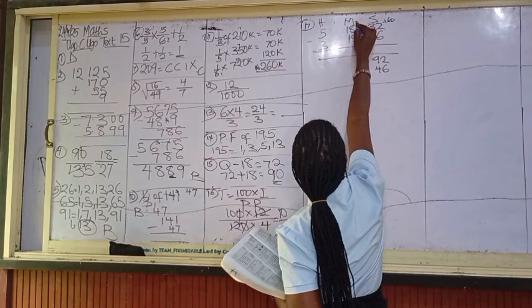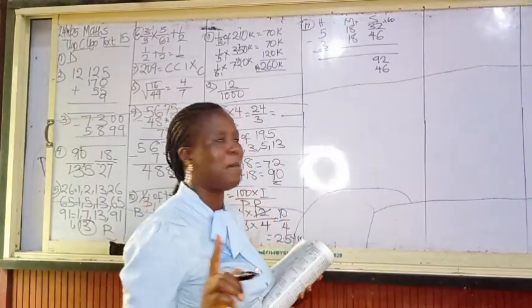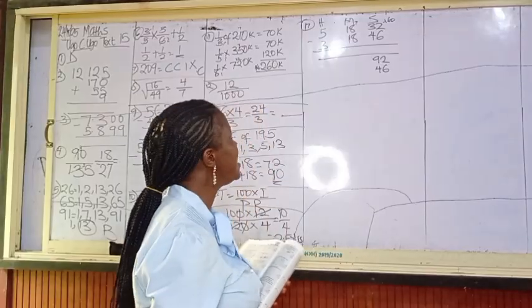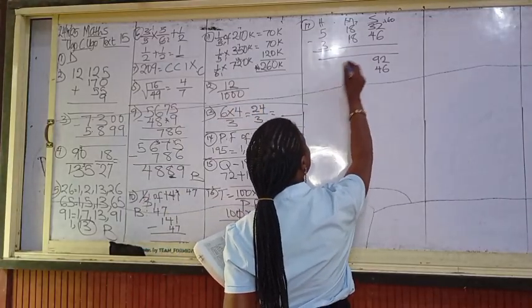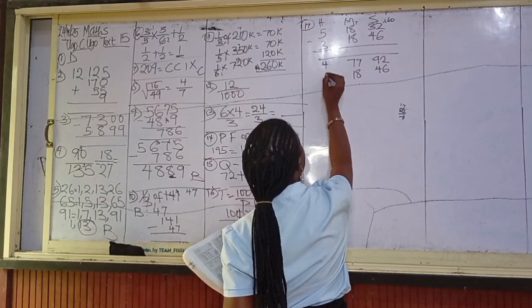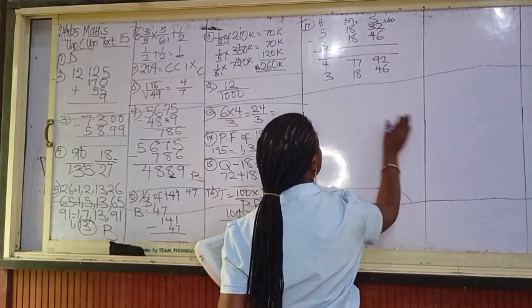This one we are having 17 left. Let's come to hour and borrow 1 hour. The 1 hour we are borrowing, when it gets to minutes, will be 60 minutes. So we are having 17 there. 17 plus 60 is 77, and here we have 4, we have 3. So this is what we'll be working with now.